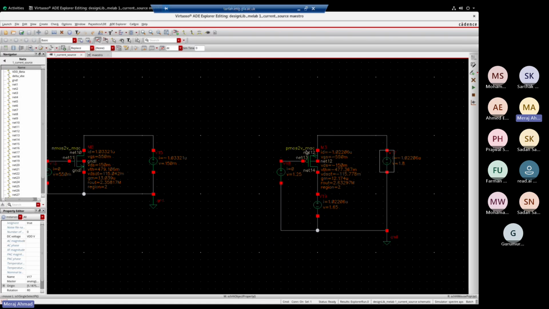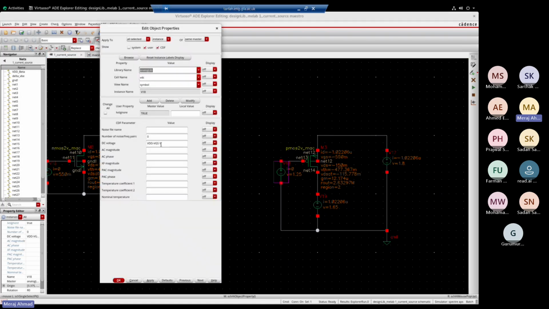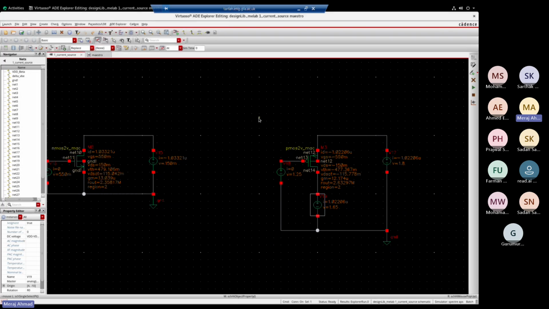If I want a VGS similar to what I have here, what I need here is VDD minus VGS. So effectively you get VGS here. Similarly, if I want VDS across this, I will put a variable VDD minus VDS.